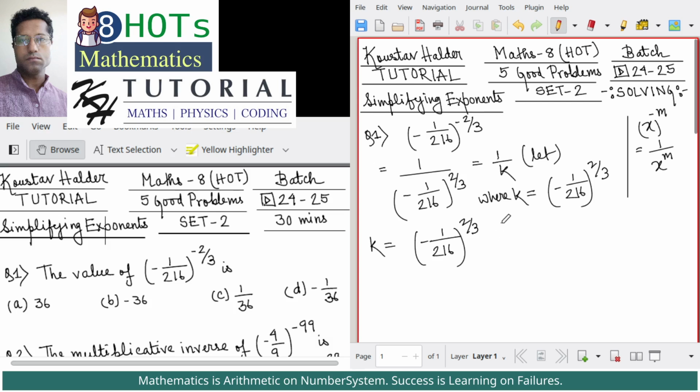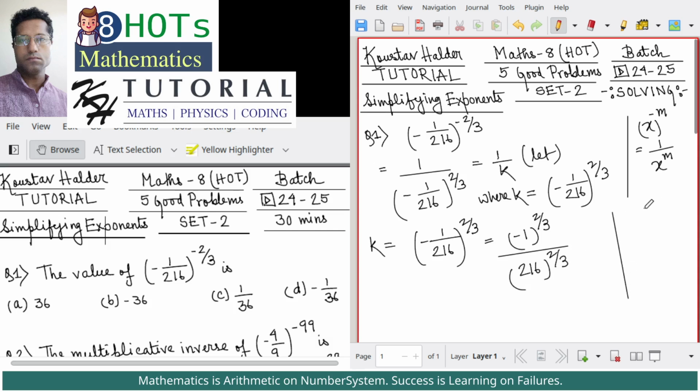Now this is equal to minus 1 to the power 2 by 3 divided by 216 to the power 2 by 3. Why?